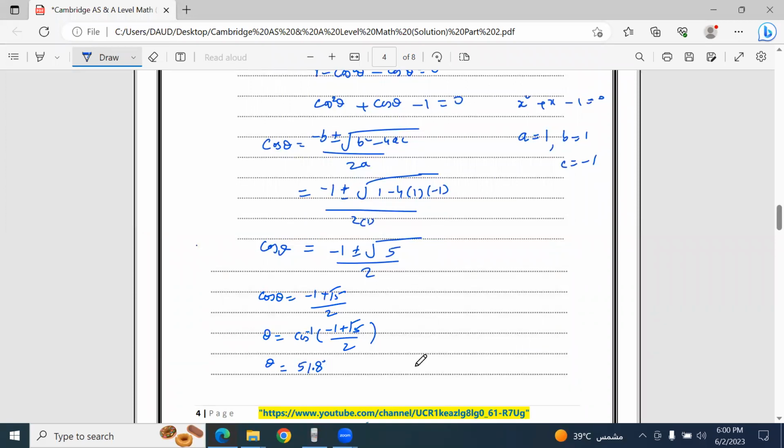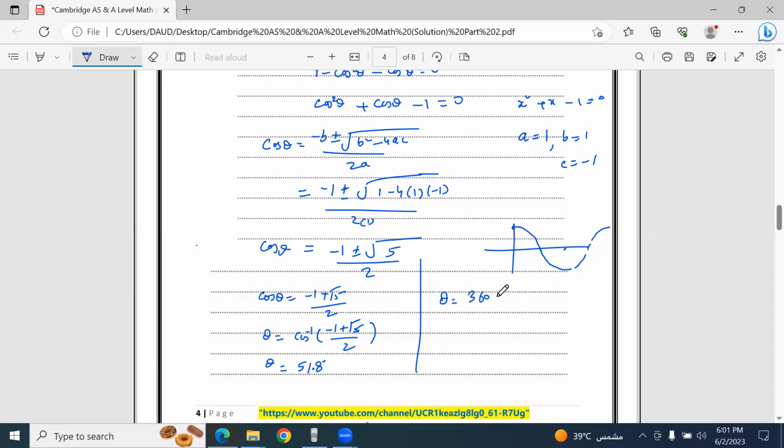But remember that this is the cos curve, and the cos curve starts from 1, at 90 it is 0, at 180 it is minus 1, at 270 again 0, and at 360 it is 1. So it means it is positive in the first quadrant and fourth quadrant. So the first answer is okay. The other answer you can find by subtracting from 360.